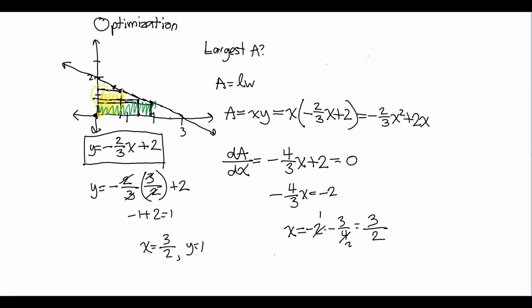So it's precisely this red rectangle, which is the largest that you can make under these conditions. You can kind of see it is the largest, right? And we use calculus to find it out. That's the important part.